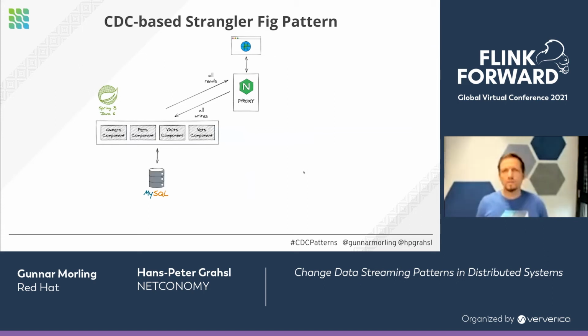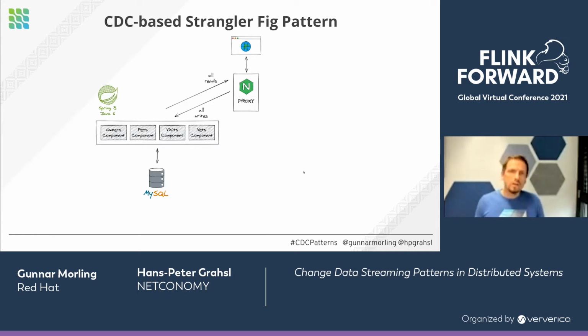Then we would think about, well, if we want to extract one particular component, let's say we start with the leftmost one, the owner's component, and extract it into its own microservice, then of course this microservice will need to be backed by its own data store and will need the corresponding data that is stored for the owners in the monolith.